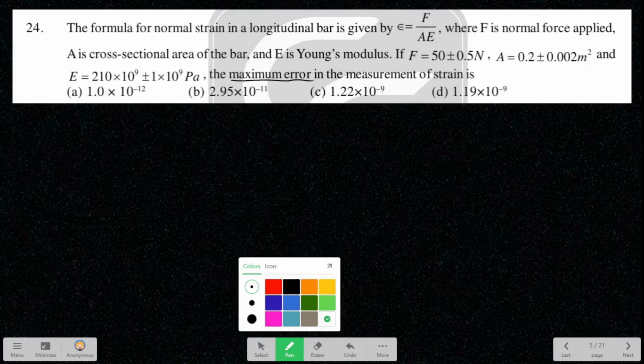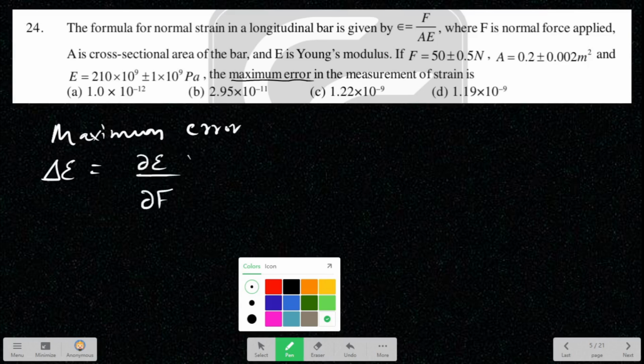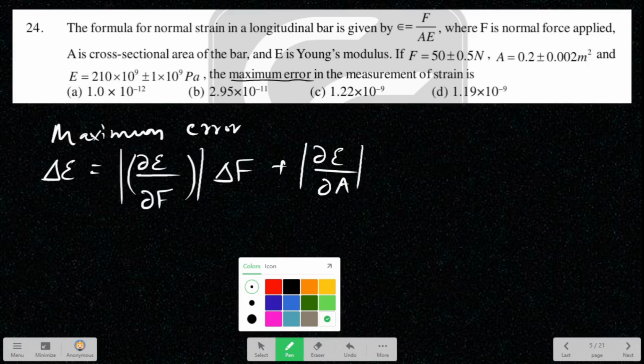Maximum error in this quantity, epsilon: delta epsilon is equal to modulus of del epsilon upon del F into delta F plus modulus of del epsilon upon del A into delta A plus modulus of del epsilon upon del E into delta E.